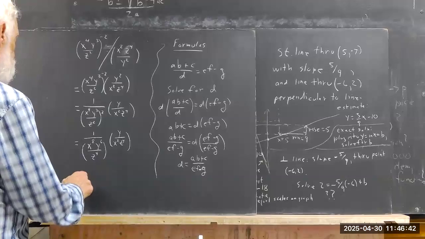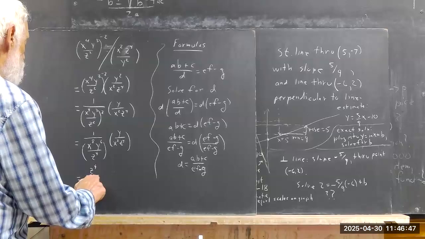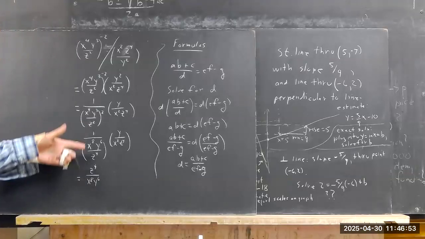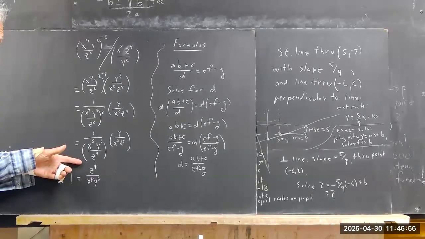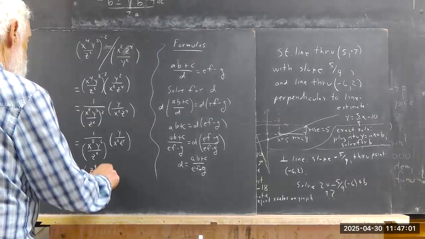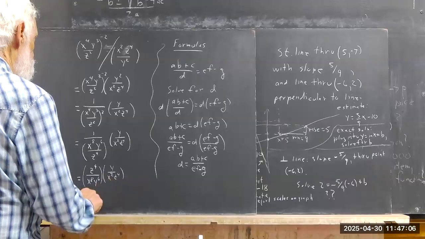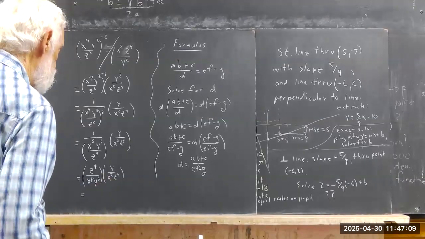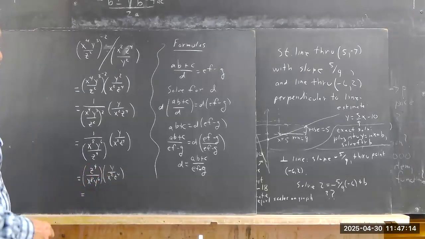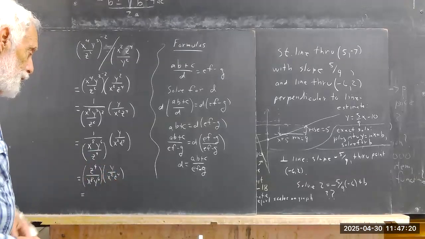Now, what do we do about this reciprocal? You're dividing 1 by this fraction, so you multiply by the reciprocal. Okay. Now you see you've got a z to the fourth in the denominator and a z to the fourth in the numerator. So that'll divide out.